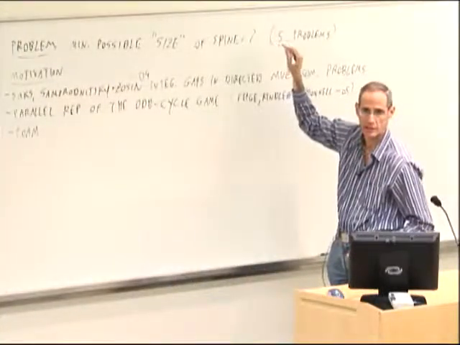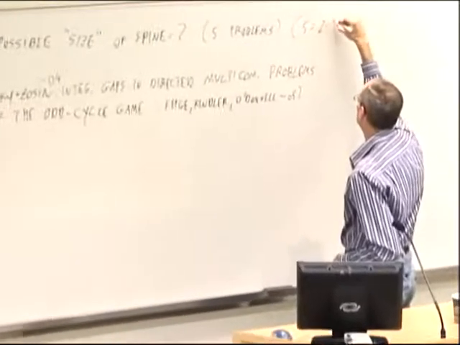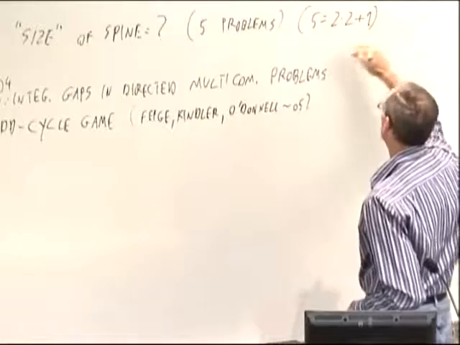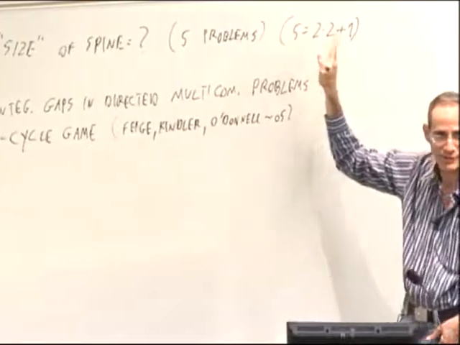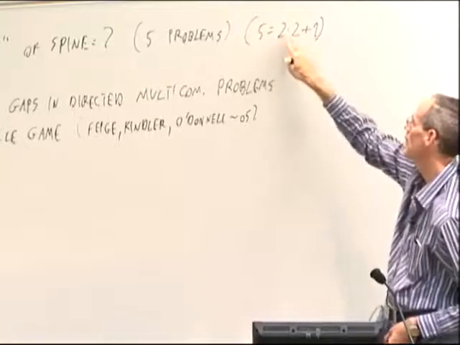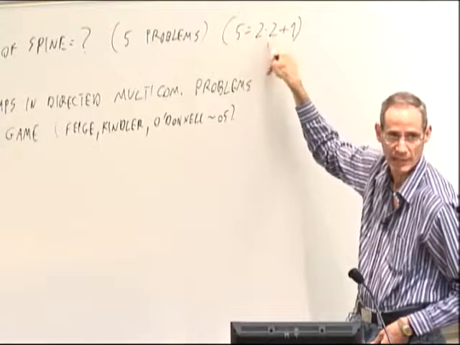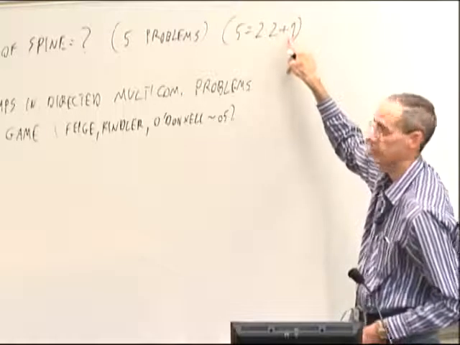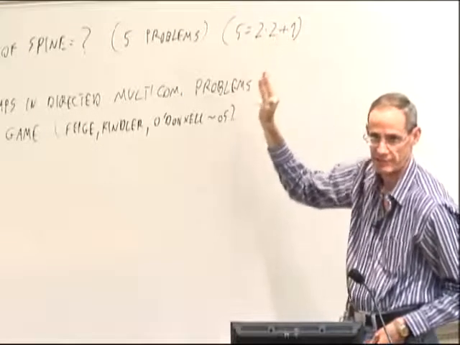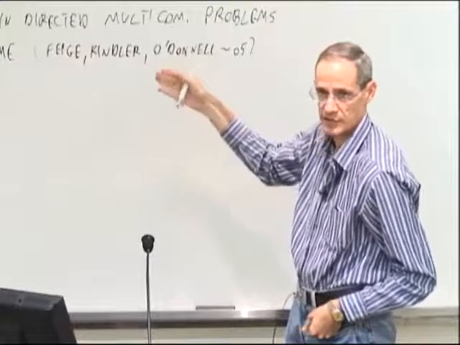Because we have 2 graphs, and for each of the graphs we have vertex spine and edge spine, and then we have the continuous one. So there are really 5 different problems, and all of them besides one are interesting.